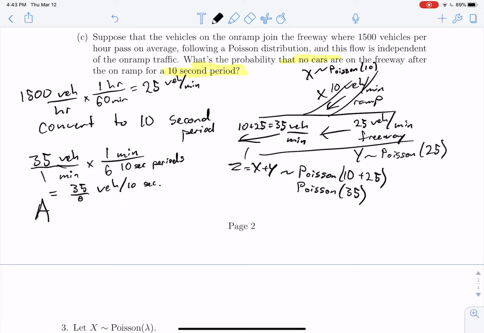So A is distributed as Poisson 35/6. That's the number of vehicles after the on-ramp on the freeway in a 10-second period.